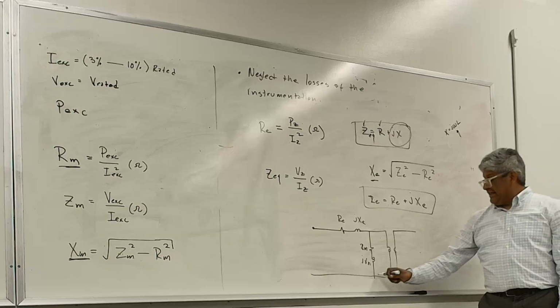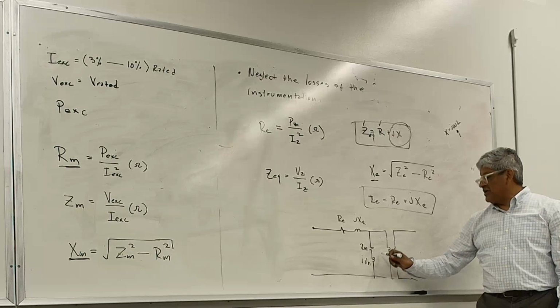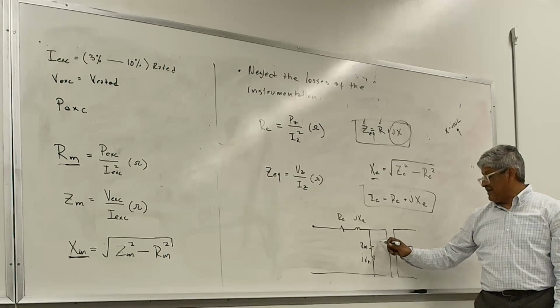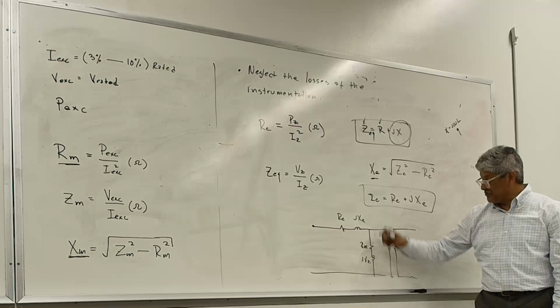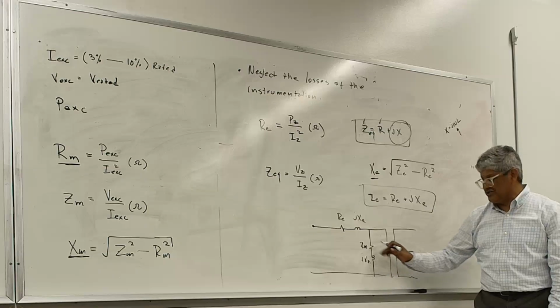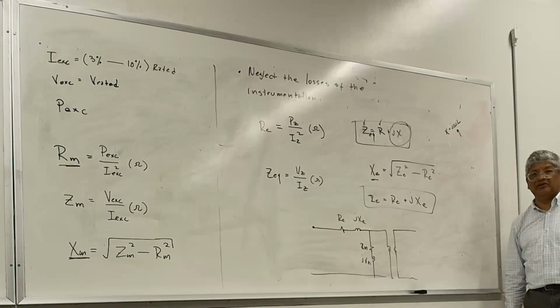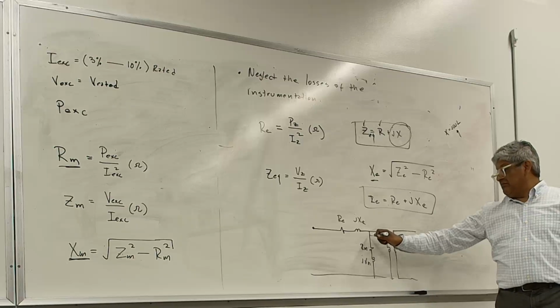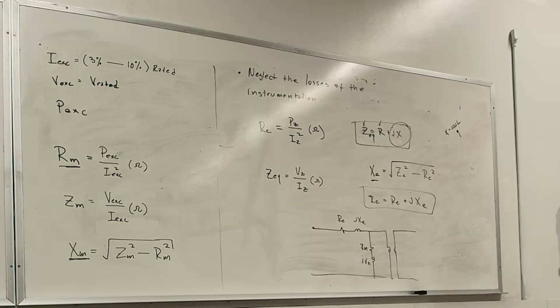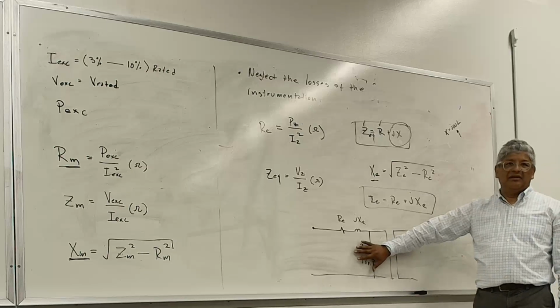So the magnetizing branch, as I say, you can also put this as a parallel branch, but the result that we get is the series branch. You can convert that to a parallel one, but as I said, 95%, if not more, of the time when you do an analysis, you don't have to consider that.